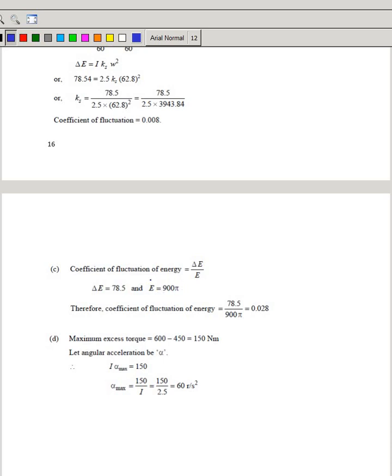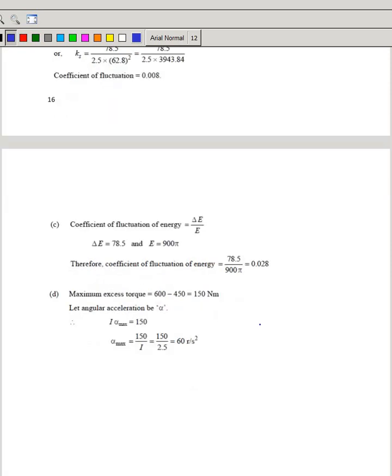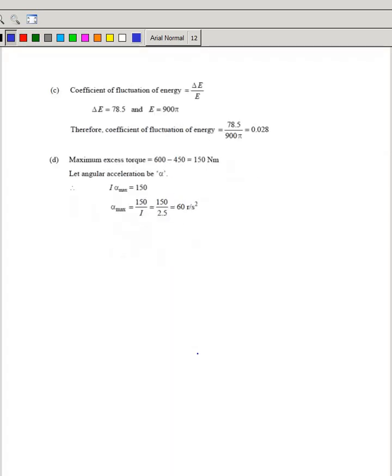Here there is no difference between revolution and cycle because it is a two-stroke engine. So this is the coefficient of fluctuation of energy, and the maximum excess torque is 600 minus 450, so 150 Newton meter, and that is responsible for the maximum acceleration.